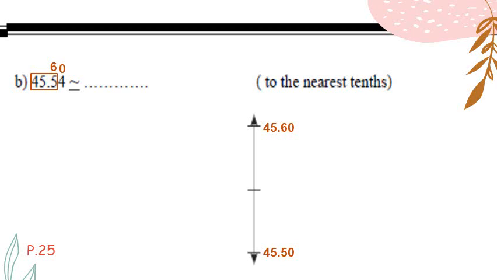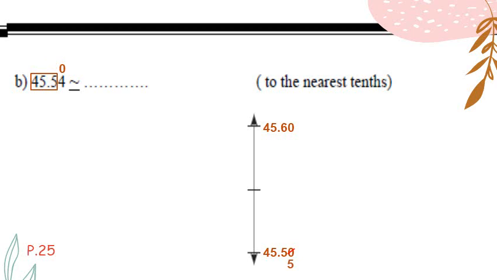Okay, now I have the smaller number, the bigger number, and we have to find now the midpoint number. How can I find the midpoint number? Look at the smaller number. Okay, here I have 45.50. Change the first 0 after tenth to 5.